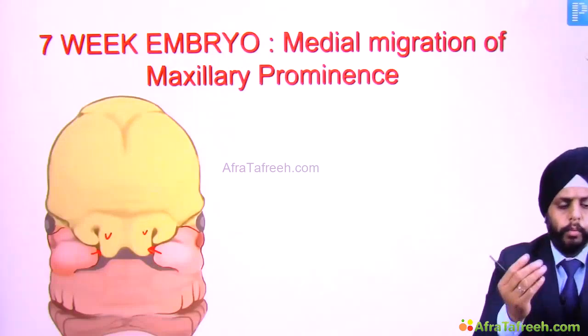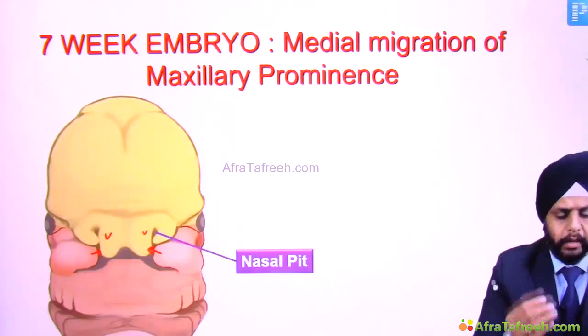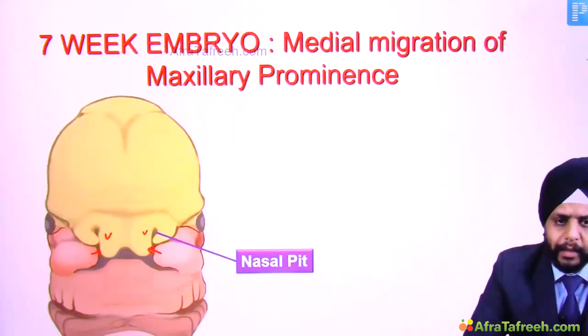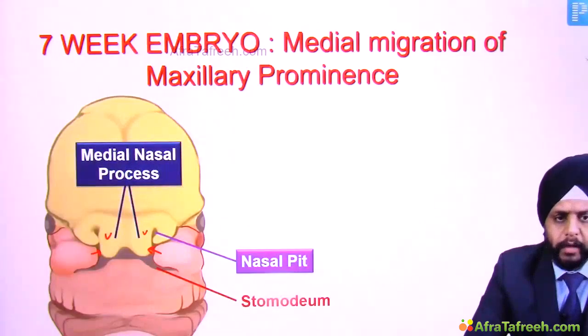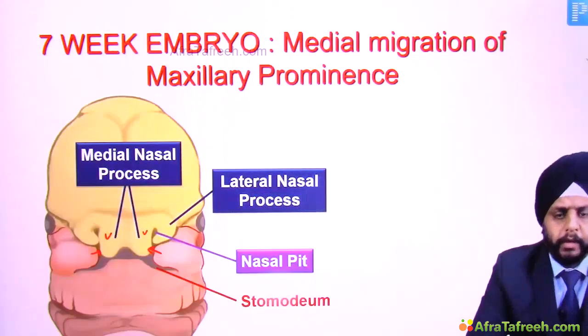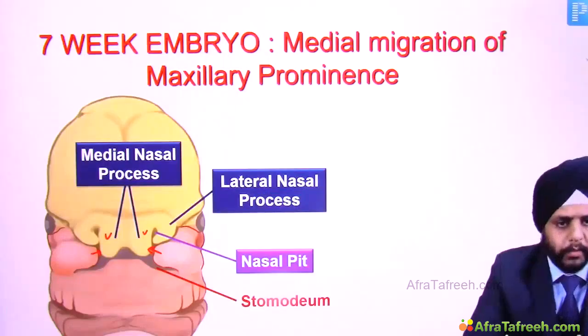So the two medial nasal processes grow and are pushed to meet in the midline. We can once again see the nasal pits, the stomodeum in this diagram, the medial nasal processes which are being pushed by the maxillary processes, and we can clearly see the lateral nasal process also on both sides.